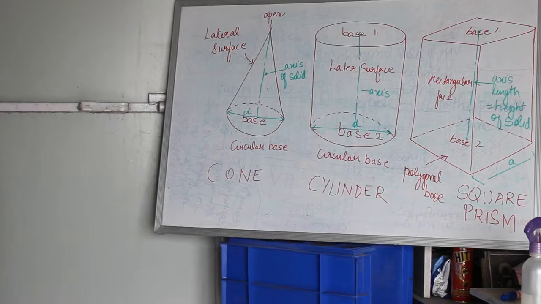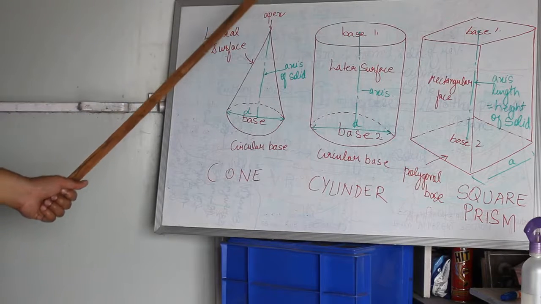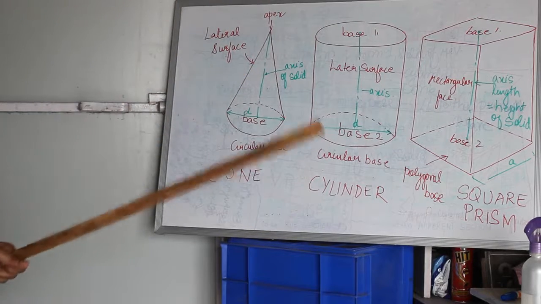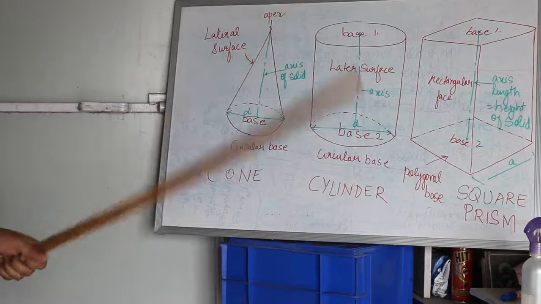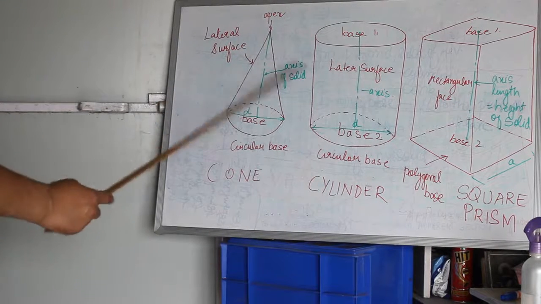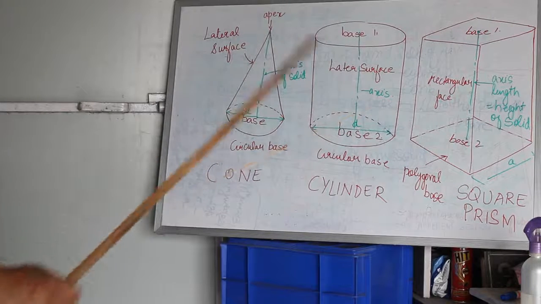Now, the first point that I have told you: after reading the question you have to guess which type of solid it is. You have to imagine in your mind that this is a cone, it will look like this. This is a cylinder, it will look like this.